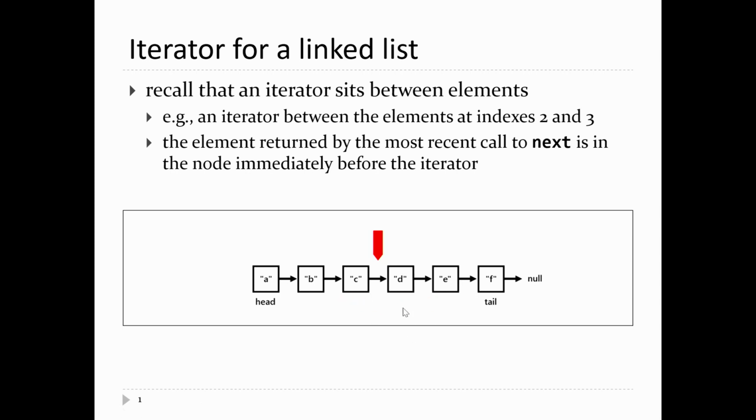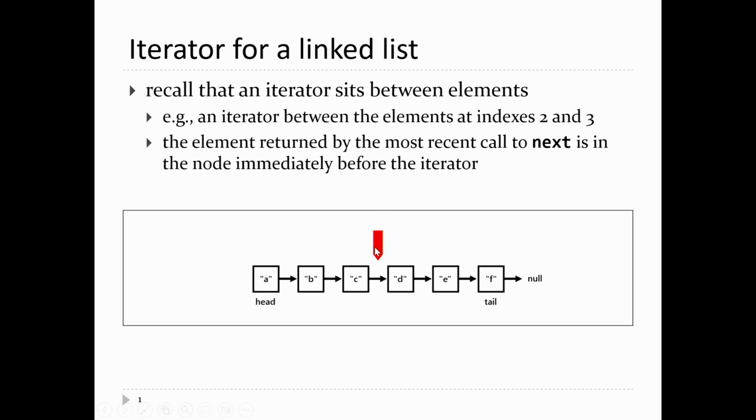Now, in a linked list, you really don't want to keep track of indexes, because the only way to get to a node by index is to start from the head node. So instead of keeping track of the indexes 2 and 3, I'm going to keep track of references to nodes. Now it's a little bit different in a linked list than in an array-based list, and we'll see why shortly.